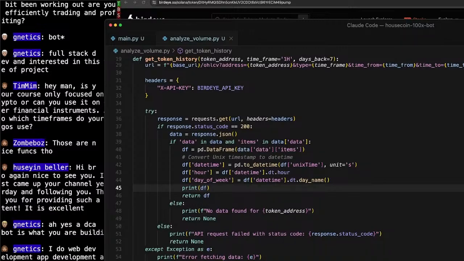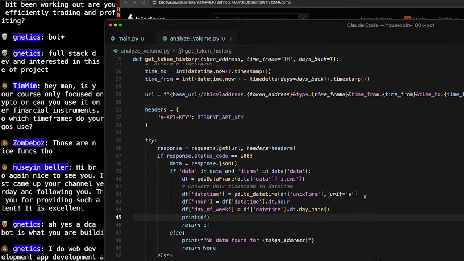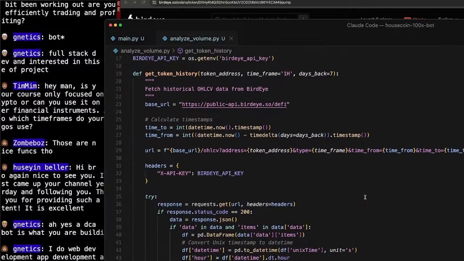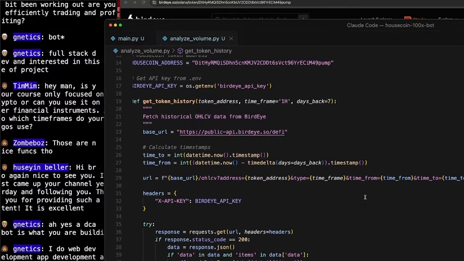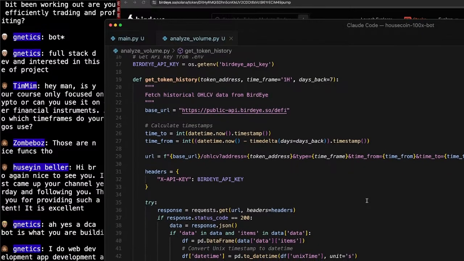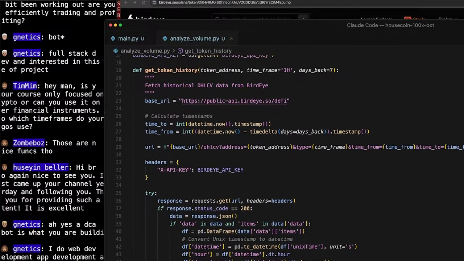Something is modifying them somewhere. It doesn't look like it in our Git token history. That's very odd.